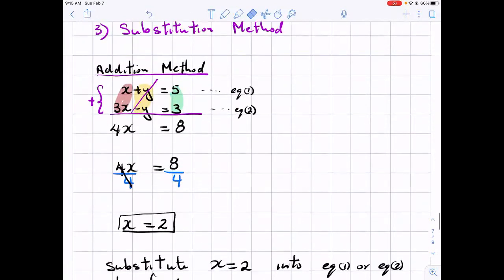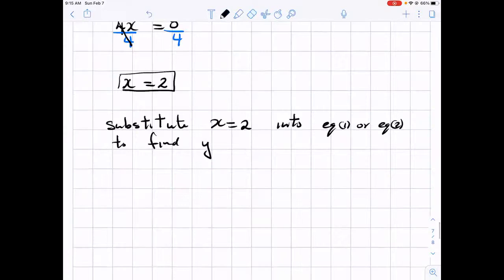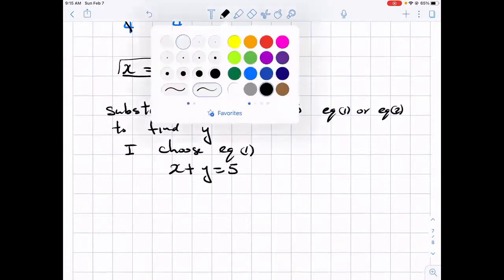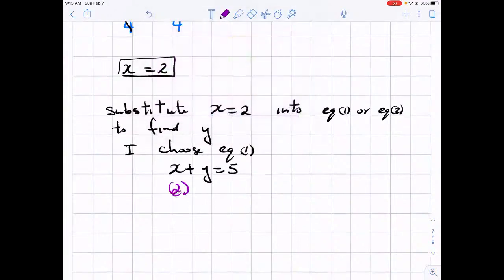Now you have to decide which one you would pick. Pick any one, it doesn't matter. So I choose equation 1. And equation 1 is x plus y equals 5. And x, we will let x be replaced by 2.